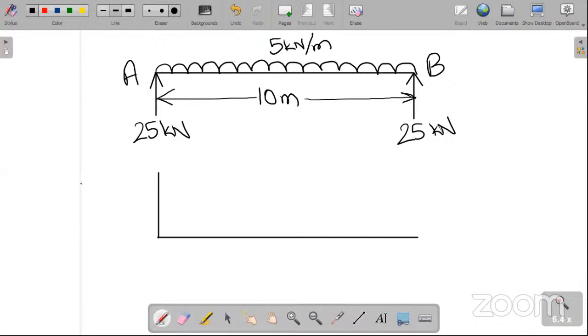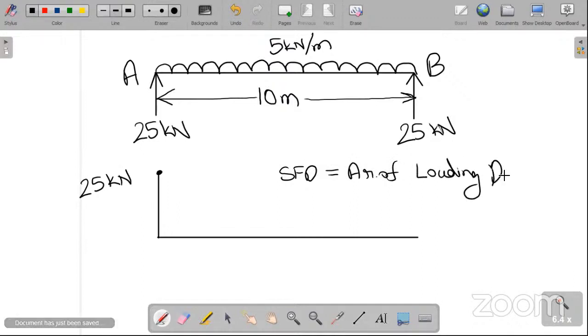So this will be 25 kilonewton at this point. Now the thing is, the shear force diagram is equal to the area of the loading diagram. This is what you need to understand.